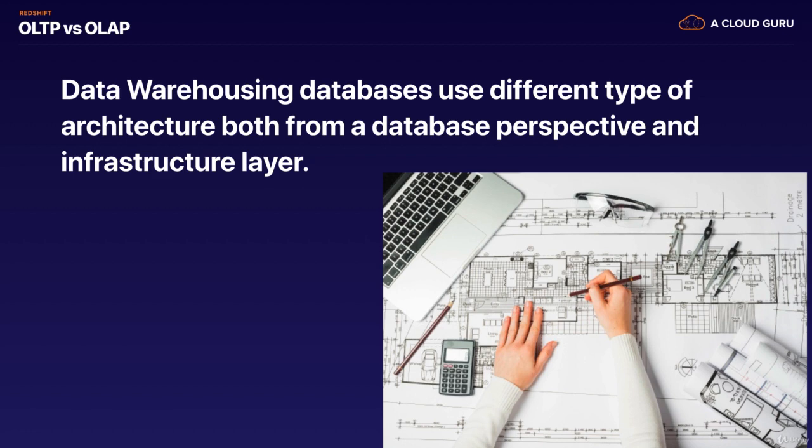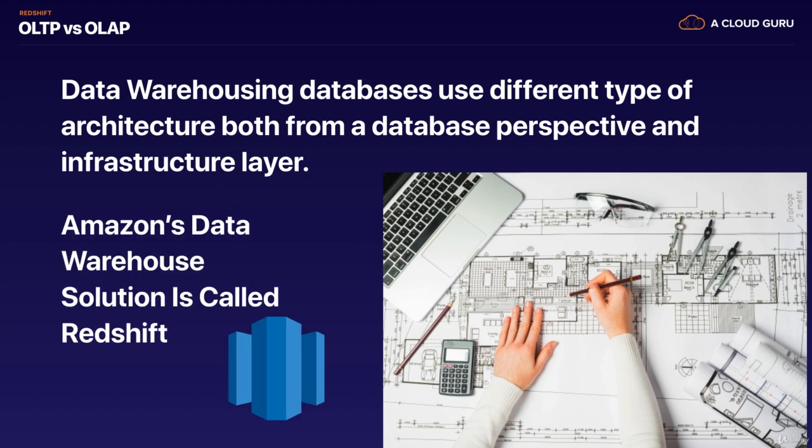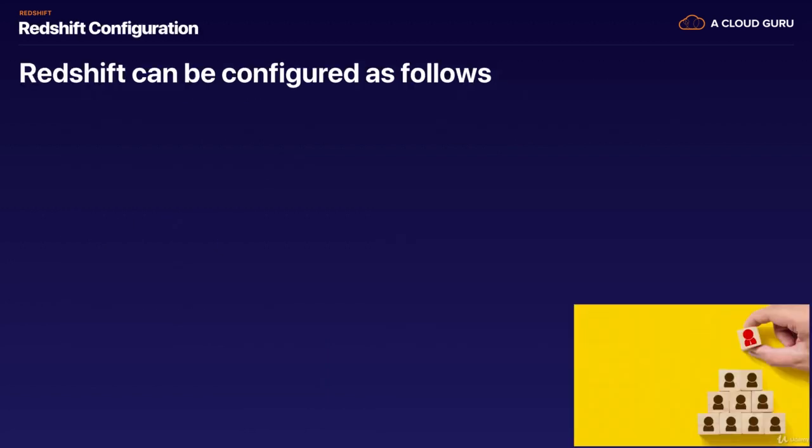It's going to pull in data from a lot of different areas, and it can put a big stress on your database. That's why it makes sense to move away from your production database and have a separate data warehouse where you're running these queries. Data warehousing databases use a different architecture, both from a database perspective as well as an infrastructure layer. And Amazon's data warehouse solution is called Redshift.